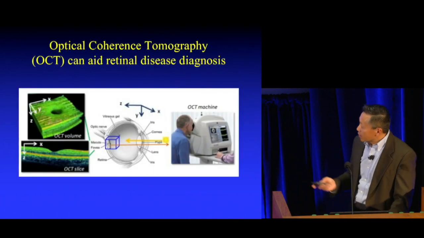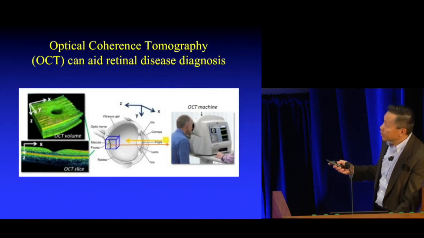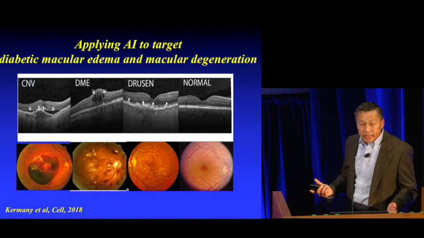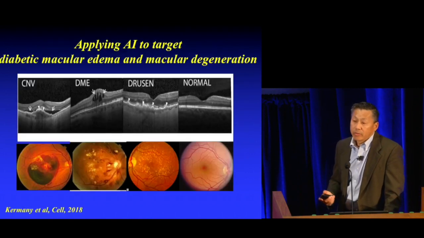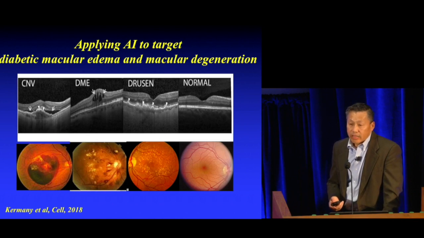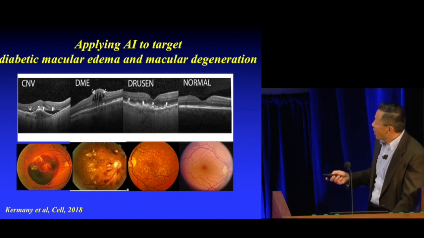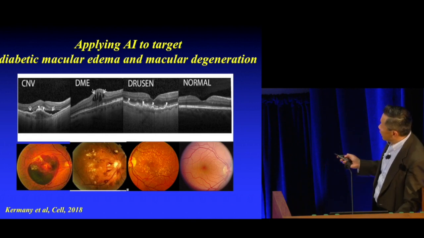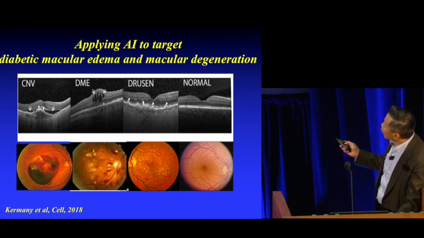This is the technology most commonly used in the eye clinic. In a 40-second scan, we were able to obtain 30,000 scans and build up this non-invasive image. This is an example of those images. This is a normal retina.